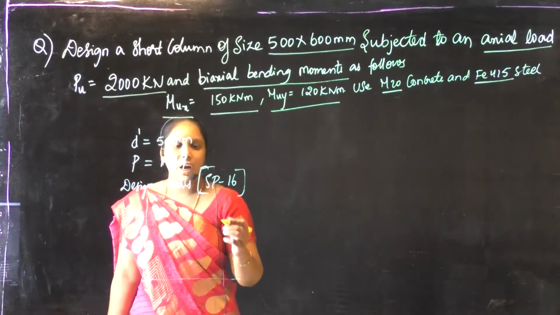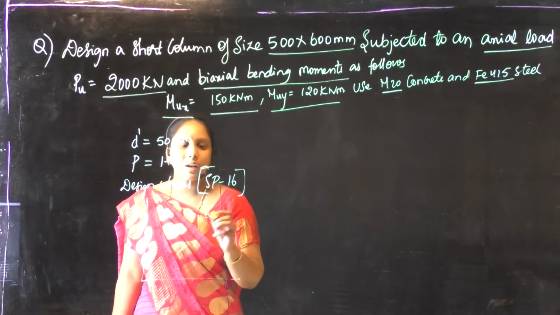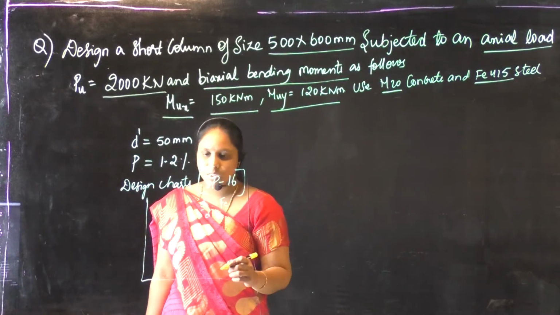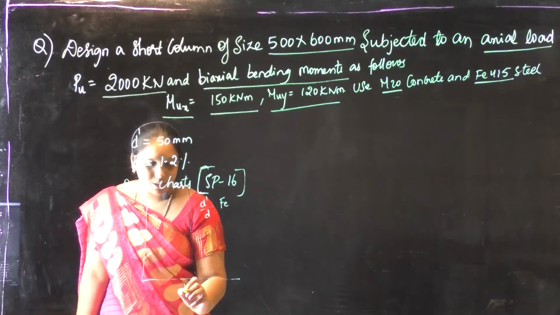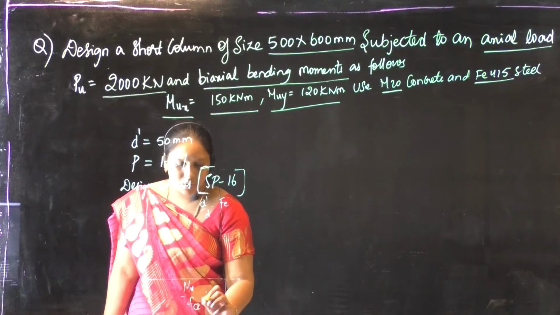There will be different charts for different d dash by D values and for the grade of the steel. On the x-axis you will have the Mu by fck bD square values.